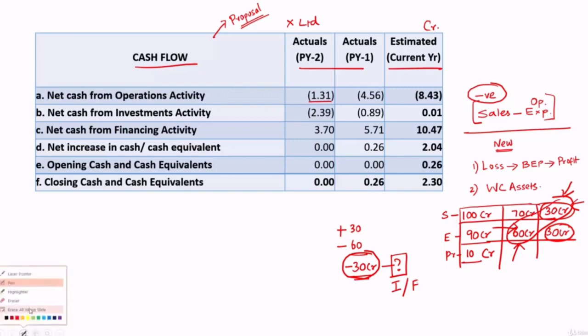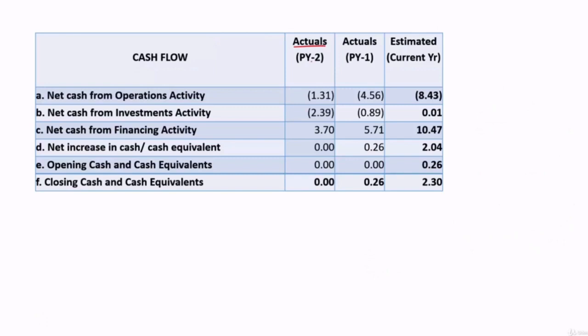Now in this case, your sanctioning authority will be worried about this figure. In the previous year 2, in their operations they had an outflow of 1.31 crore. It is not only in operations; under investment also they had a 2.39 crore outflow.